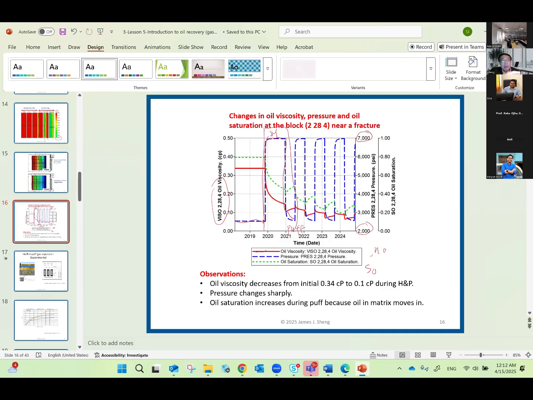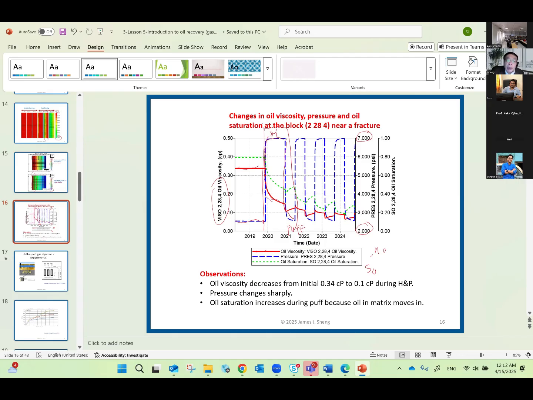That is pressure. Let's look at the viscosity. When the pressure is low, viscosity is high because it's kind of dead oil, right? So no gas is dissolved in the oil, so viscosity of oil is high. Then during the huff, injection time, gas dissolves in the oil, so therefore oil viscosity is reduced. Okay? Then you suddenly produce.